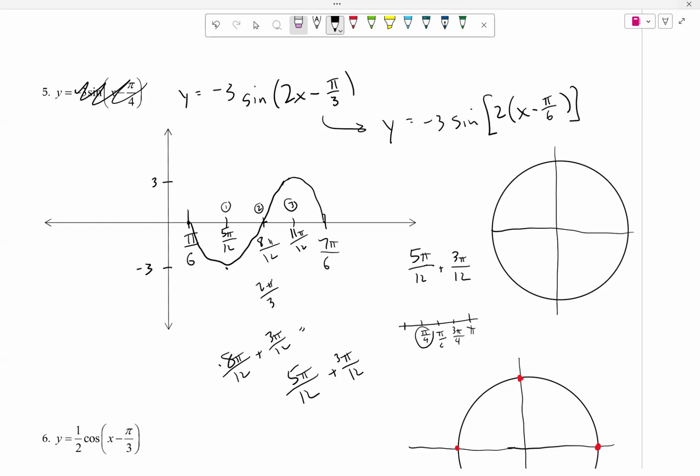Any questions? Did anyone do this differently that they'd like to share? Another way you may want to consider is by finding coordinates of midpoints. Do you know how to find the coordinate of a midpoint? Find the average.